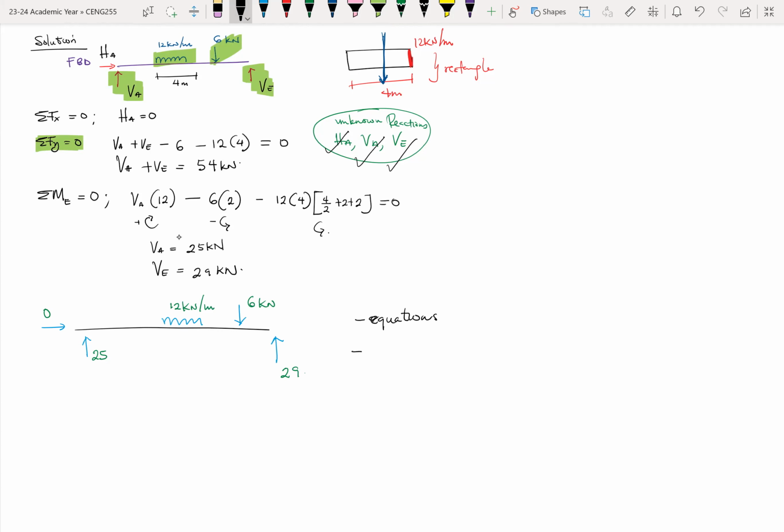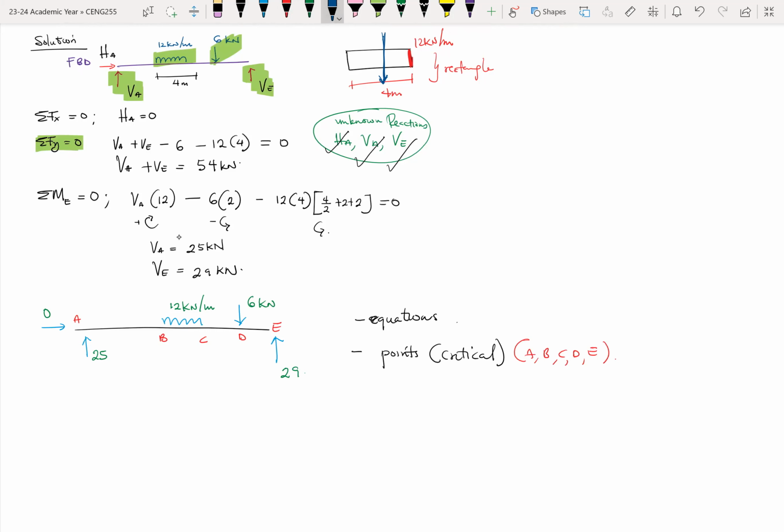Or if you understand how shear force works, then you can focus on critical points or critical locations. In this case, the critical points will be A, B, C, D, and E. So these are your critical points. If you know how to go with that approach, great.